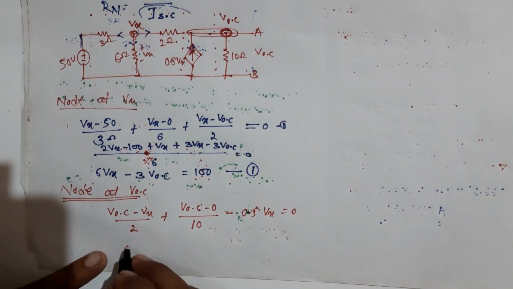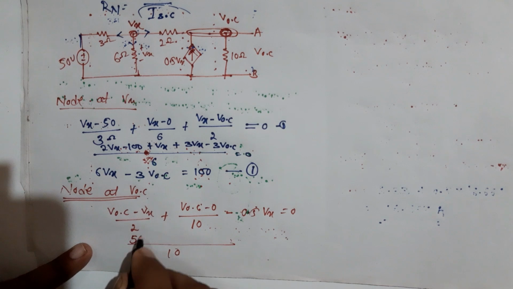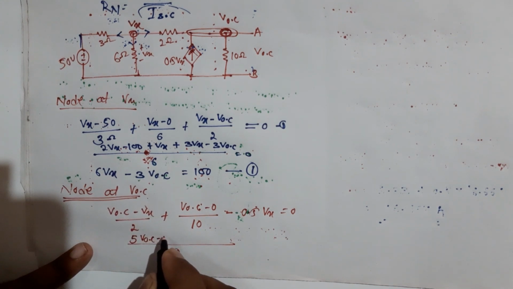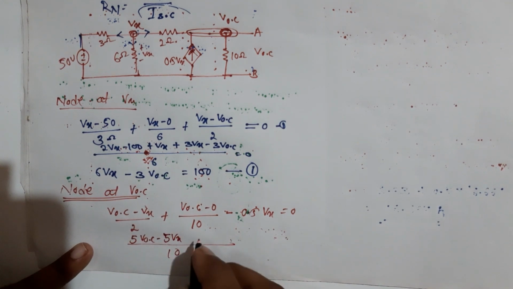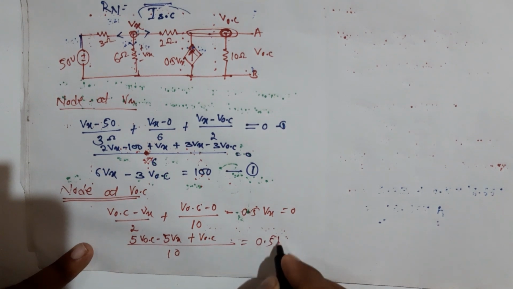Let's take the LCM, which is 10: 5VOC minus 5Vx, plus VOC, minus 5Vx from the 0.5 Vx term.